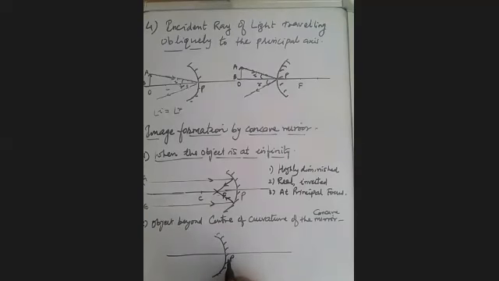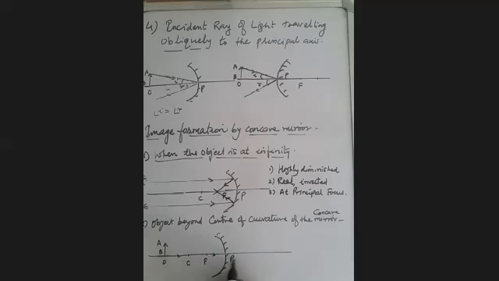So this is the pole, center of curvature, principal focus, and the object is beyond the center of curvature. So it is somewhere here. Suppose AB is the object at position O. And the rays from point A; now the ray from point B will be along the principal axis.